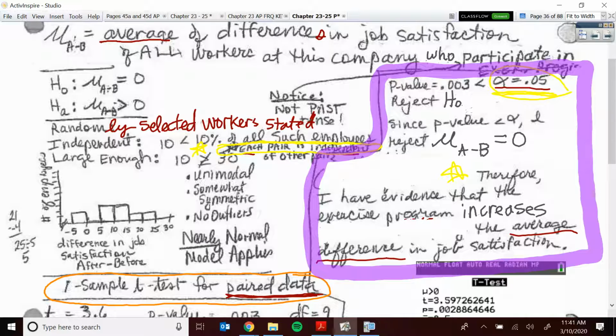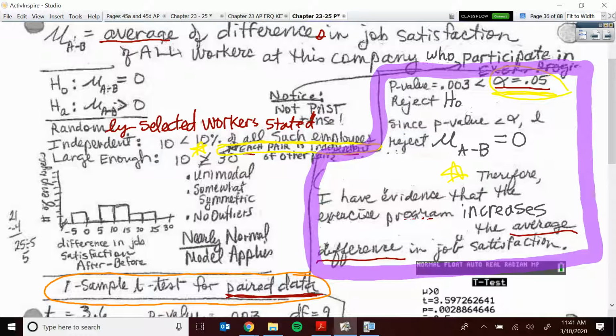So since the p-value is less than alpha, I reject that the average is 0. I'm rejecting that there is no difference. So, therefore, I have evidence that the exercise program is increasing something.